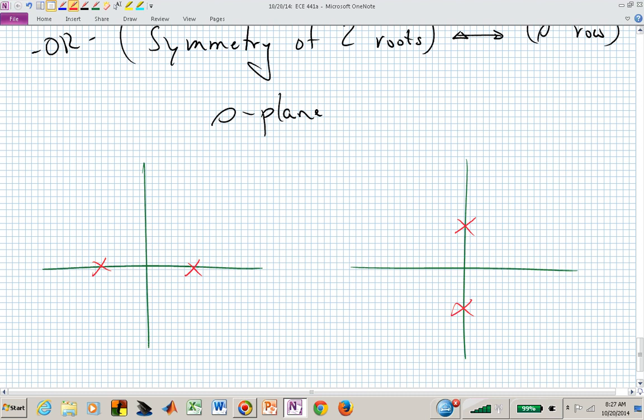We could have a plus sign. We could have a multiplication sign with 4 roots. But for 2 roots, this is how we have symmetry. This is in general, not this specific problem.